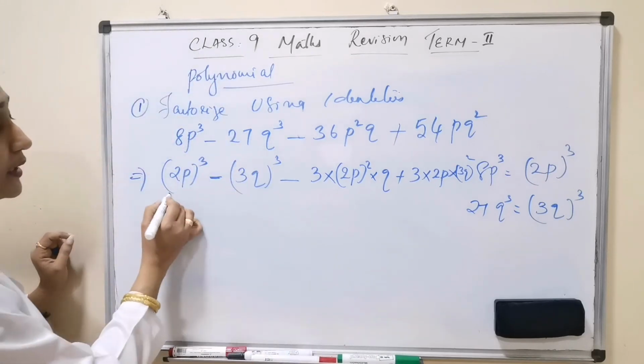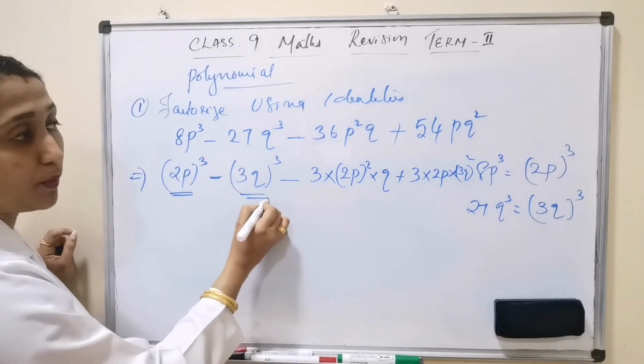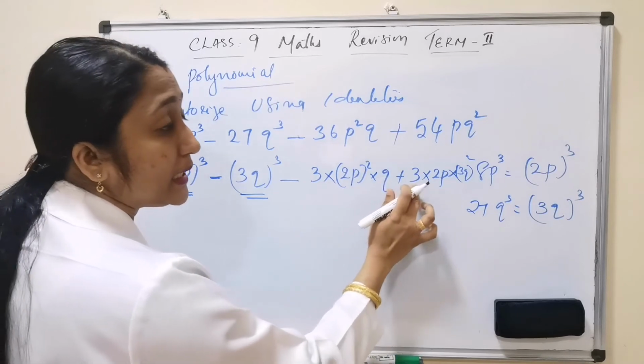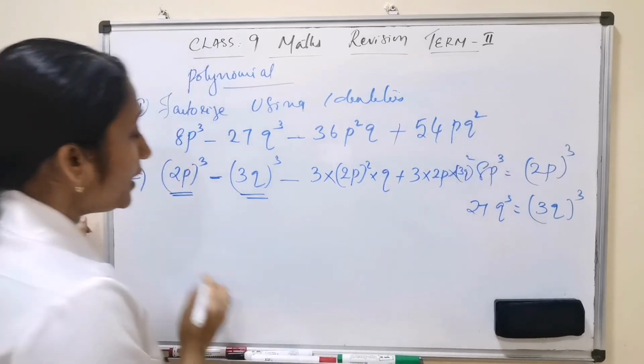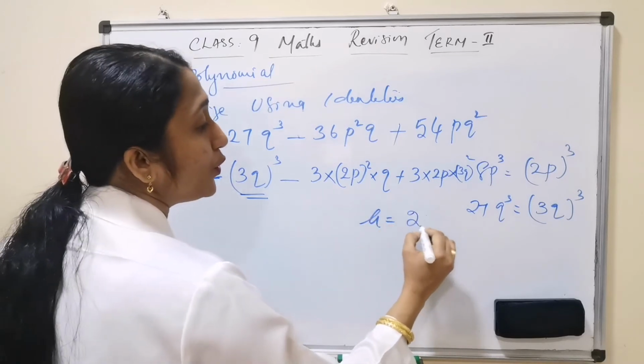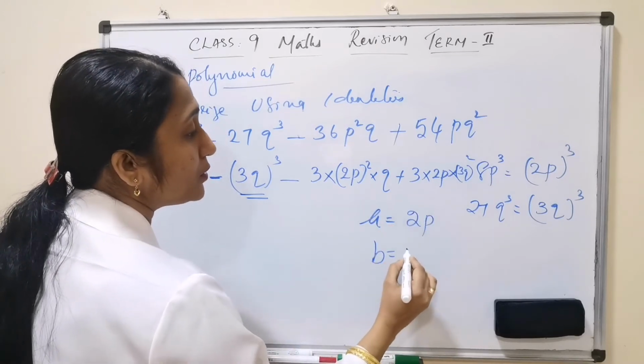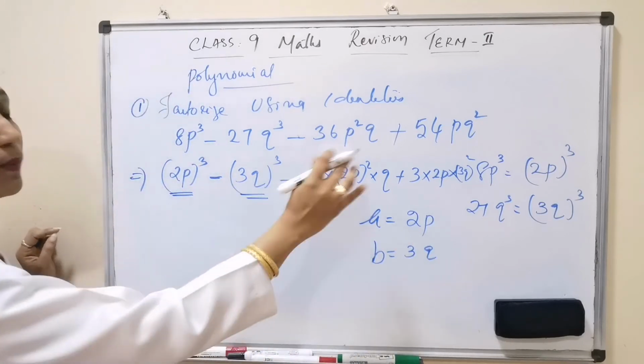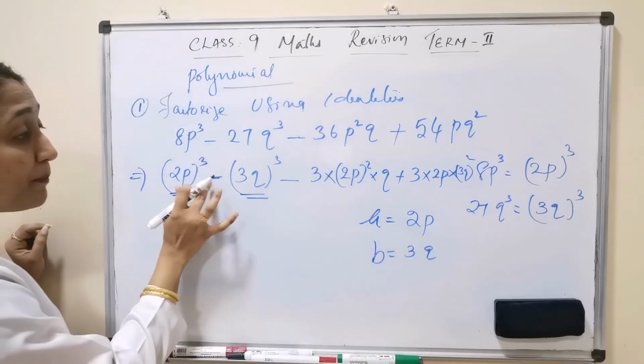So now we got it. This is a cube. This is b cube. 3a square b. 3ab square. So we can rewrite as here a equal to 2p and b equal to 3q. So what is the formula? Here minus is there.